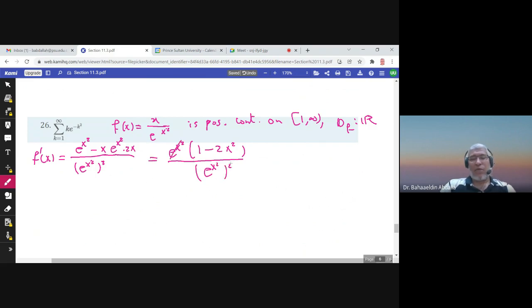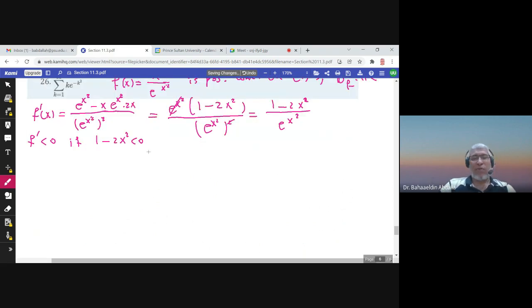Cancel this with this, and I'll have 1 minus 2x squared over e to the power x squared, which is always positive.